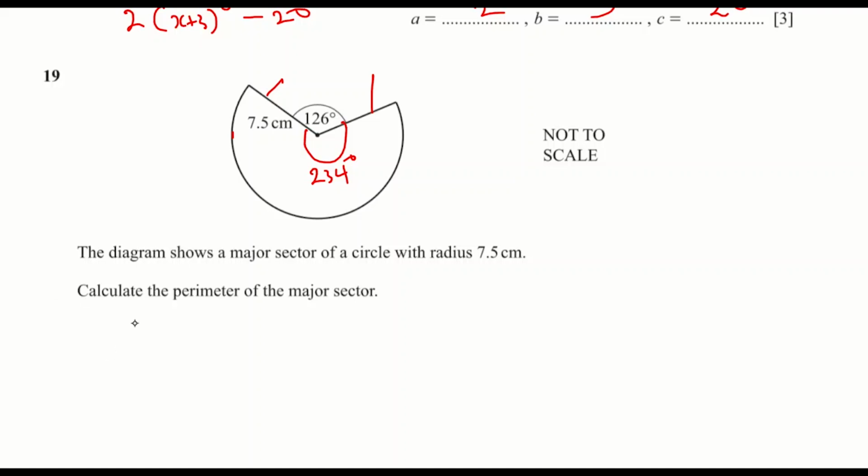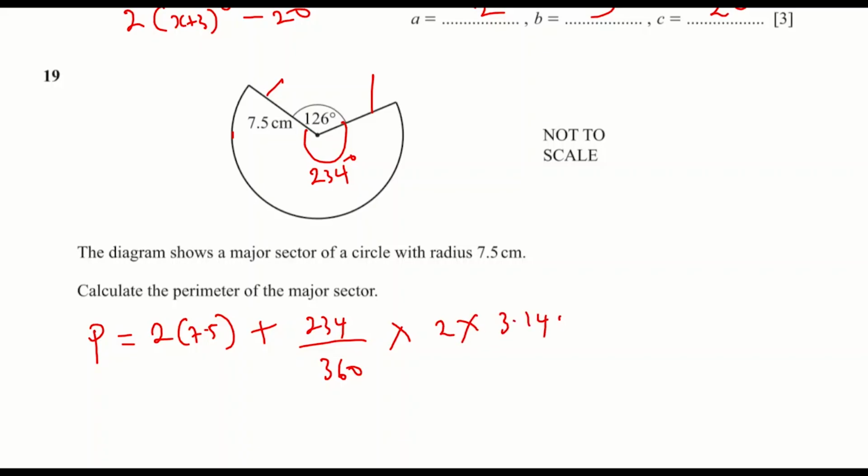So we can say that the perimeter, denoted by P, equals 2 radii. That will be 2 into 7.5, plus the length of an arc. The length of an arc is this angle 234 divided by 360, then multiplied by 2 pi r, that is 2 multiplied by pi 3.142 multiplied by the radius 7.5.